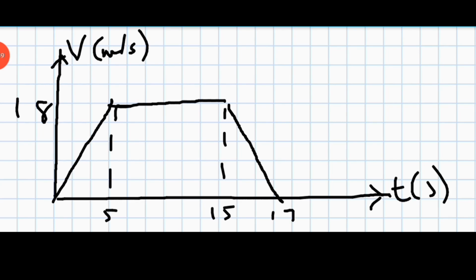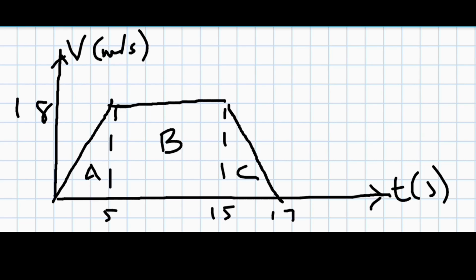We are told to get the acceleration of the body. In this case, if we denote this portion as A, this portion as B, and this portion as C, we know information about acceleration will be gotten from portion A. And as such, the acceleration of the body is nothing but the change in velocity over change in time.